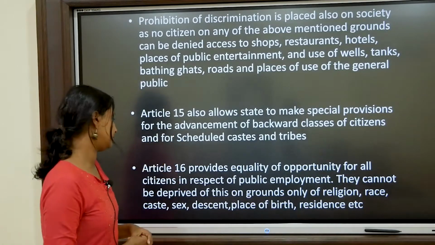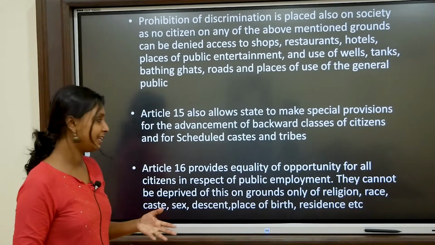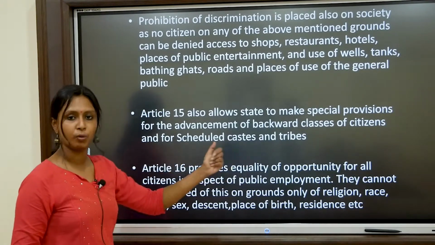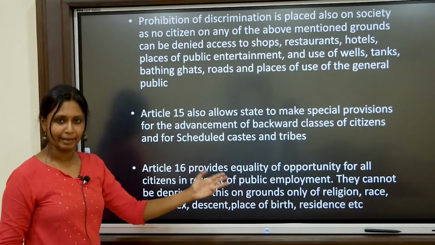And another one is Article 16. Article 16 provides equality of opportunity to all citizens in respect of public employment.